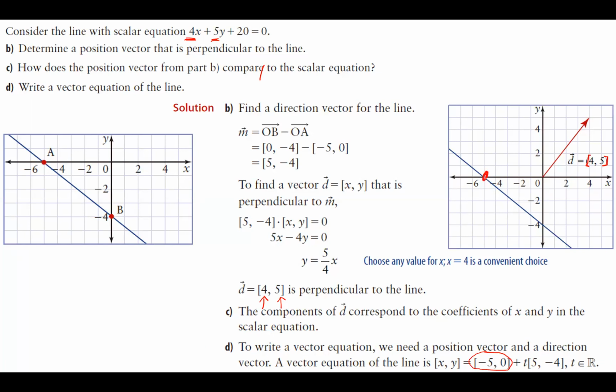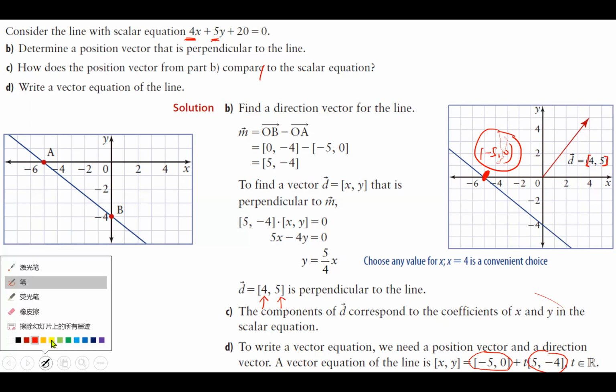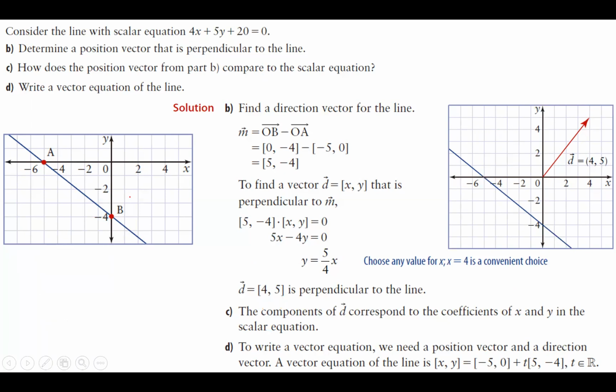The coordinates of this point are -5, 0. We can use the direction vector of this line here, and then plus t times 5, -4. So 5, -4 here is the direction vector of this line, and t belongs to the set of real numbers. Okay, these are the solutions to the questions here. Do you have any questions?